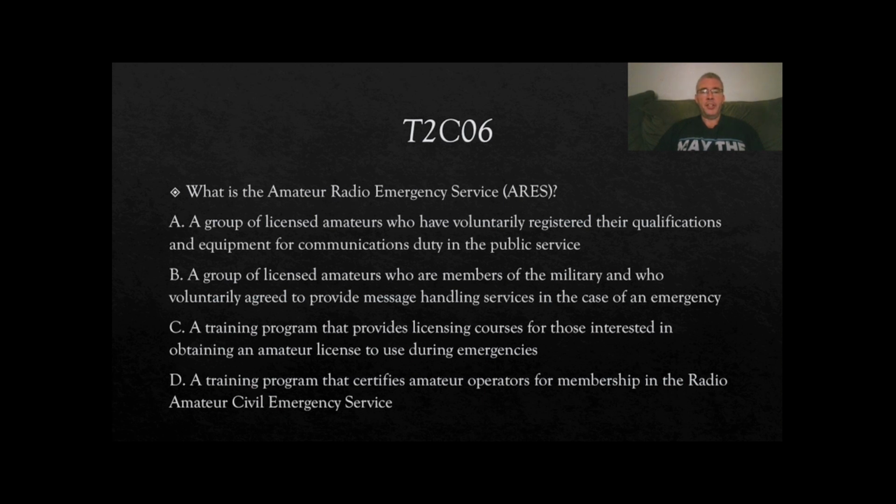B. A group of licensed amateurs who are members of the military and who voluntarily agreed to provide message handling services in the case of an emergency. C. A training program that provides licensing courses for those interested in obtaining an amateur license to use during emergencies. Or D. A training program that certifies amateur operators for membership in the Radio Amateur Civil Emergency Service.